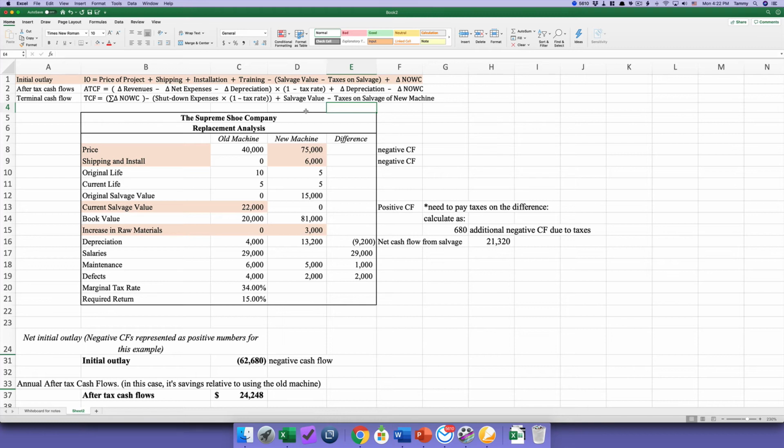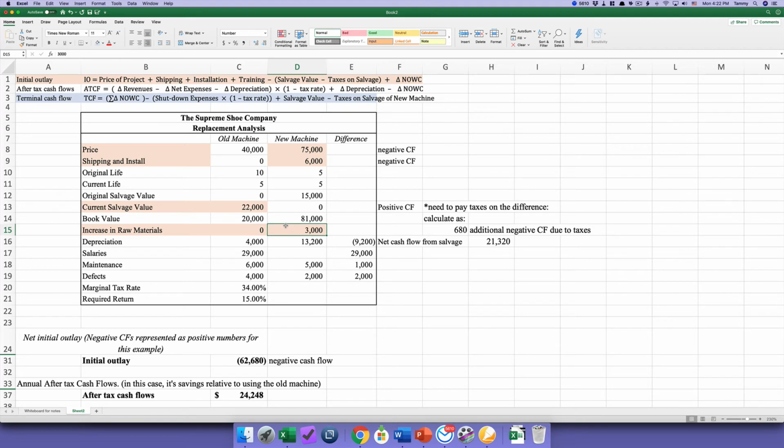But really, all we're looking at is the salvage value here. I'll make this blue. In this example, all we're looking at is the salvage value and the effect of gaining back the working capital that we originally invested in, right?